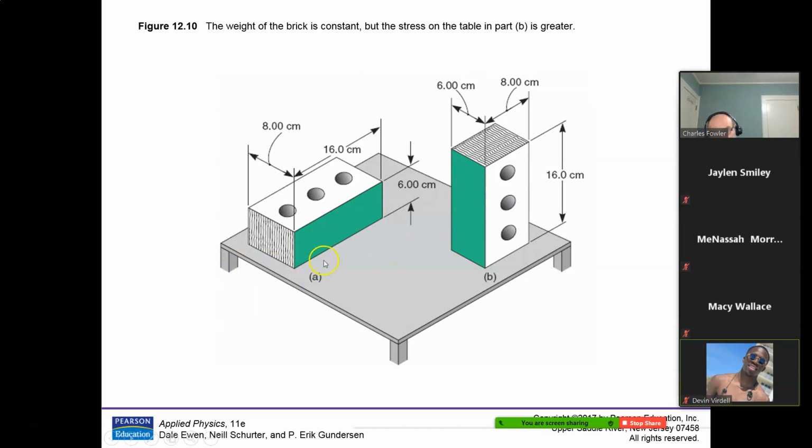This one would be 0.938 kilopascals. This is 2.5 kilopascals. So this one's more than twice that. Okay, the stress. The forces are the same.